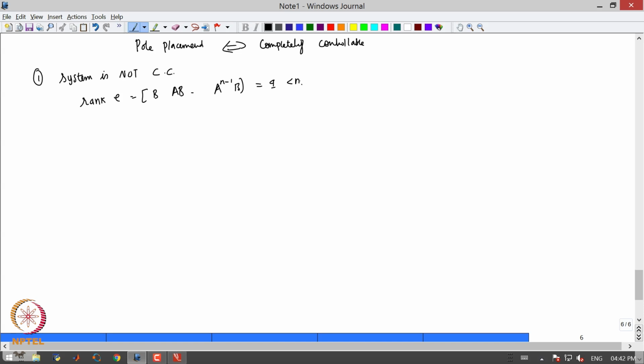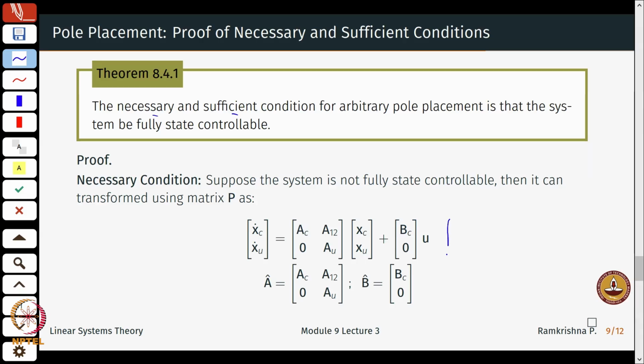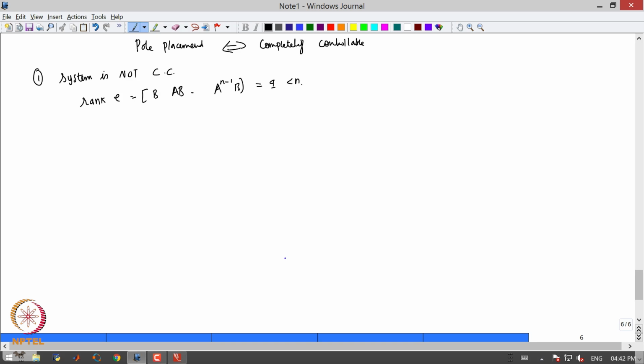In that situation, I can transform the system into its controllable part and its uncontrollable part. So I assume that there exists a transformation that will take my system from its original form to the controllable decomposed form.